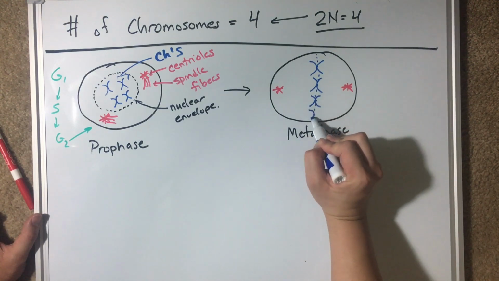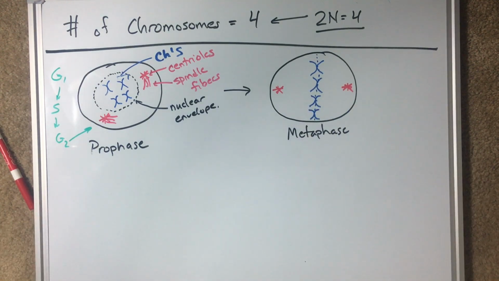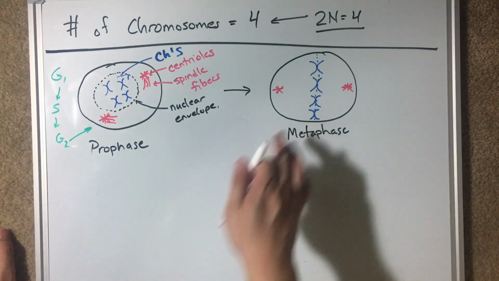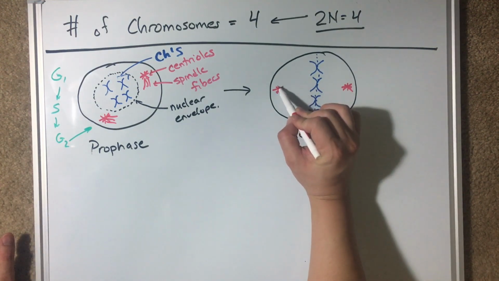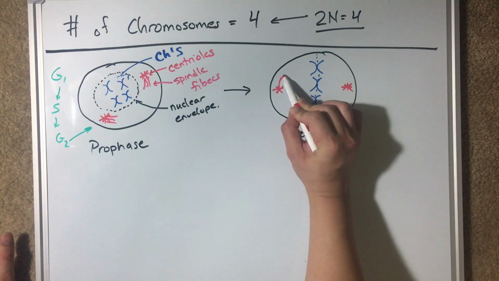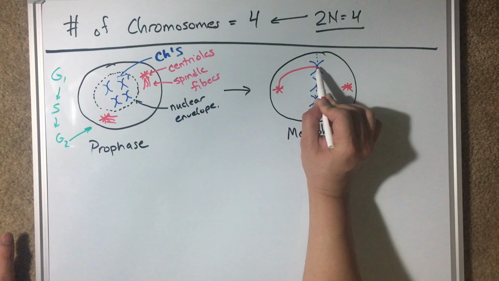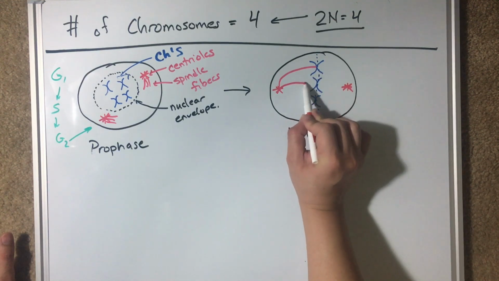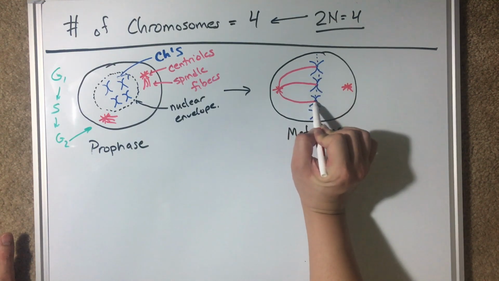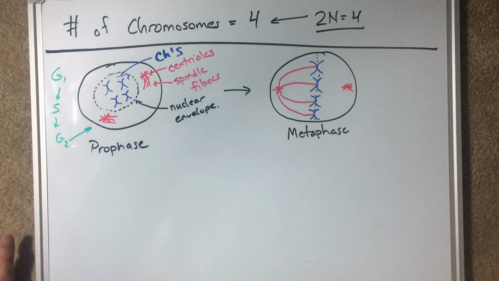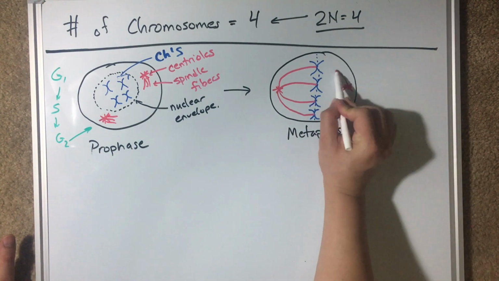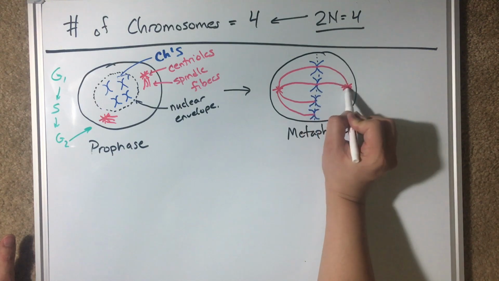And notice how I'm drawing these chromosomes. I'm not drawing X's, because every time I draw X's, I get a lot of students that get confused. But when I draw them like this, people get them. So now I'm going to the centriole, and then I'm going to draw a spindle fiber coming out, and it has to touch that centromere. That's absolutely key. Same thing here. It's got to touch that centromere. And same thing for the other side.